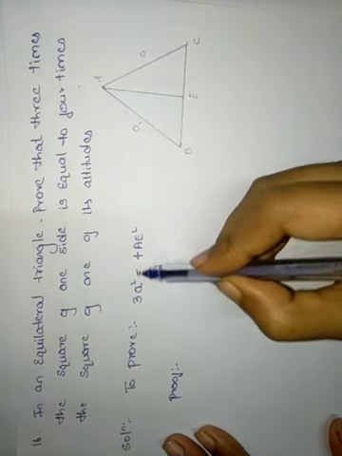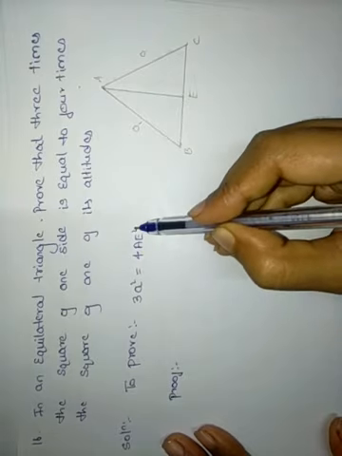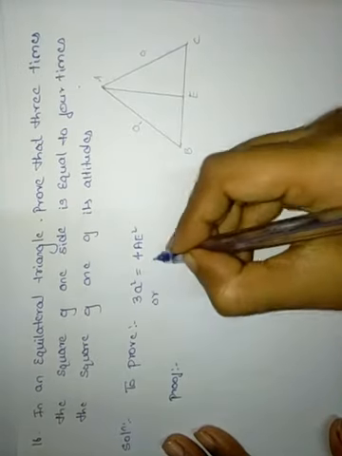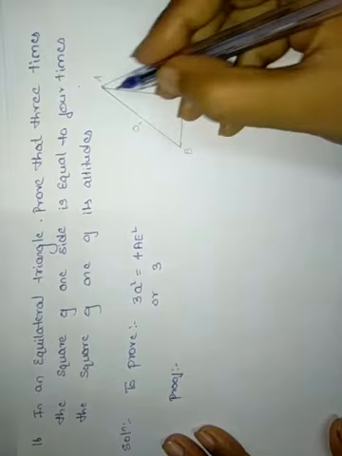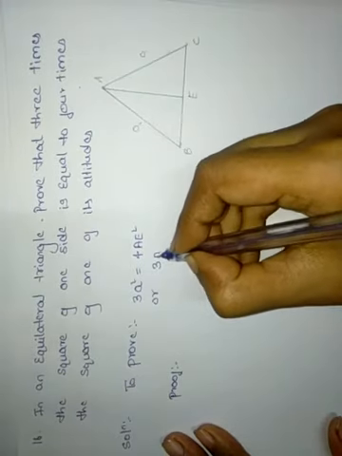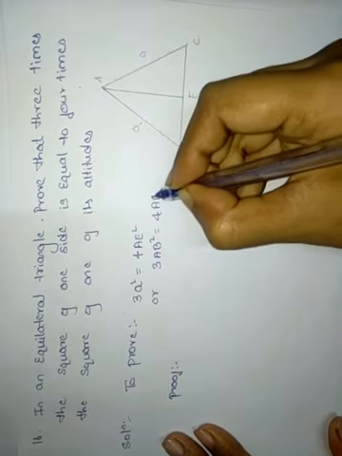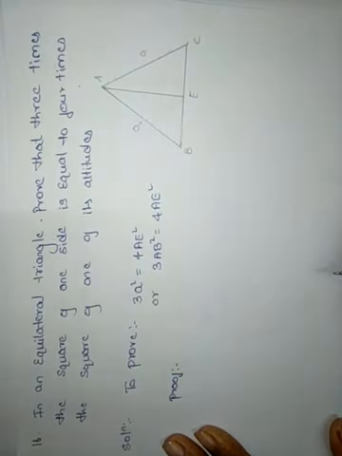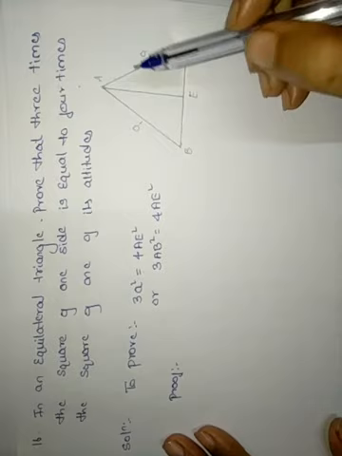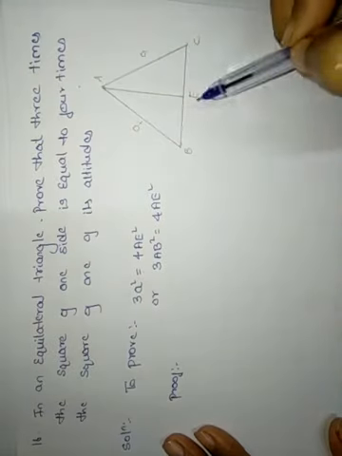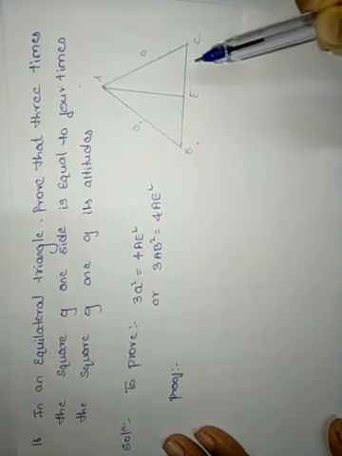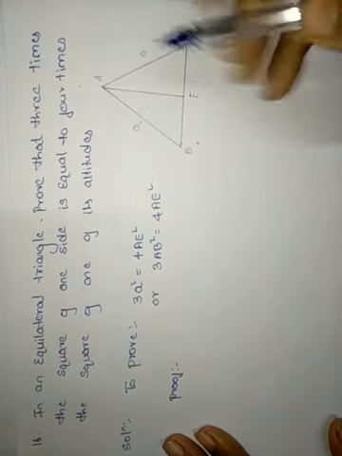That is 3a square equals 4AE square, or you can also write it as 3 times AB square is equal to 4 times AE square, as I have taken this side, right? To prove this, I am going to consider the triangle AEB, or you can also consider the triangle AEC, right?